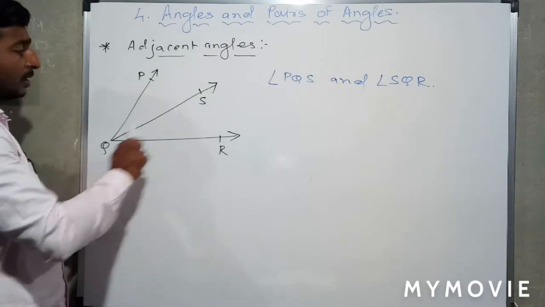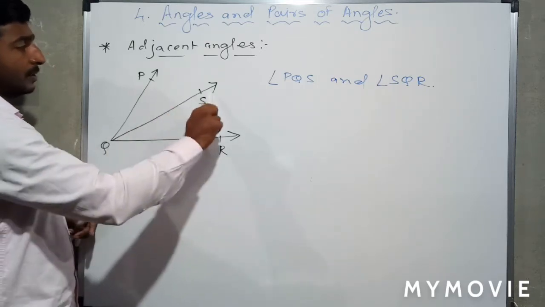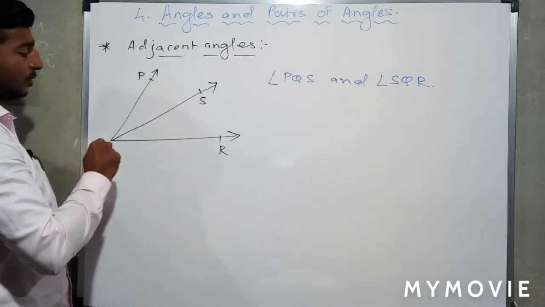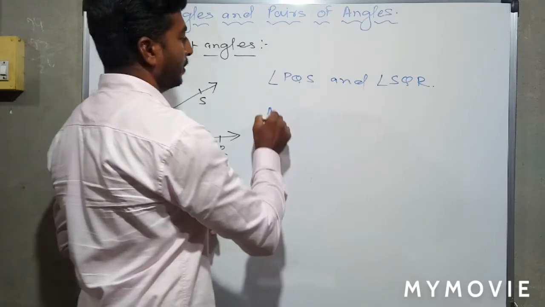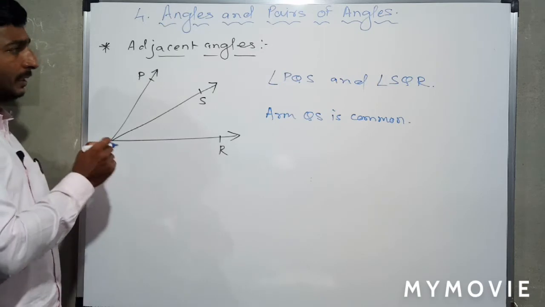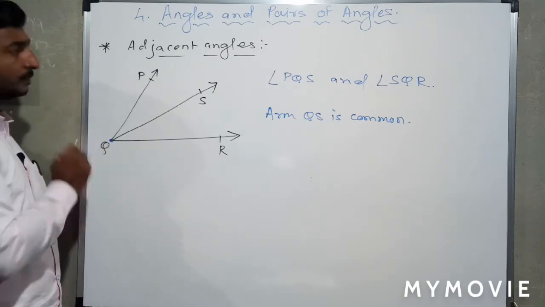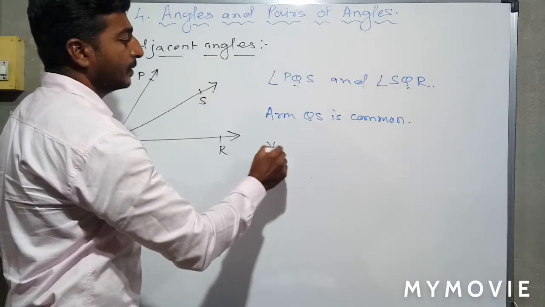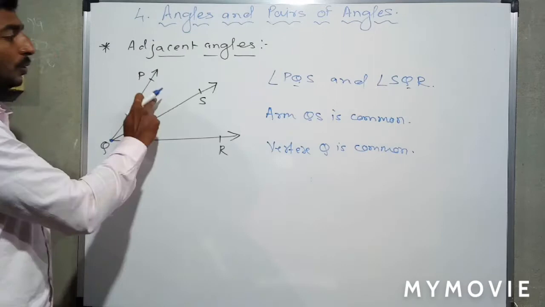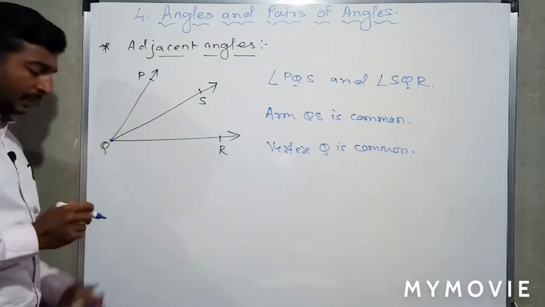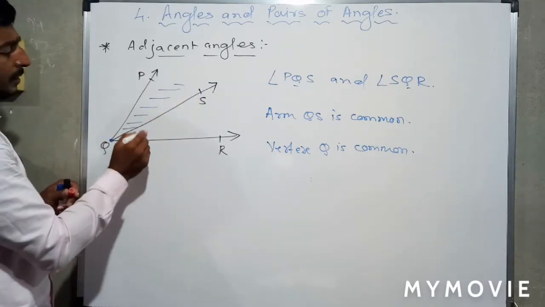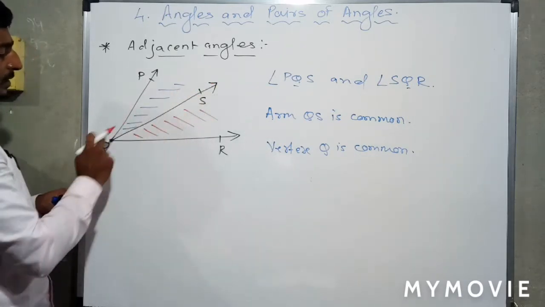You can see arm QS is common to both the angles, PQS and SQR. Then one more thing: vertex Q is common to both the angles. And this is the interior of angle PQS, and this is the interior of angle SQR.